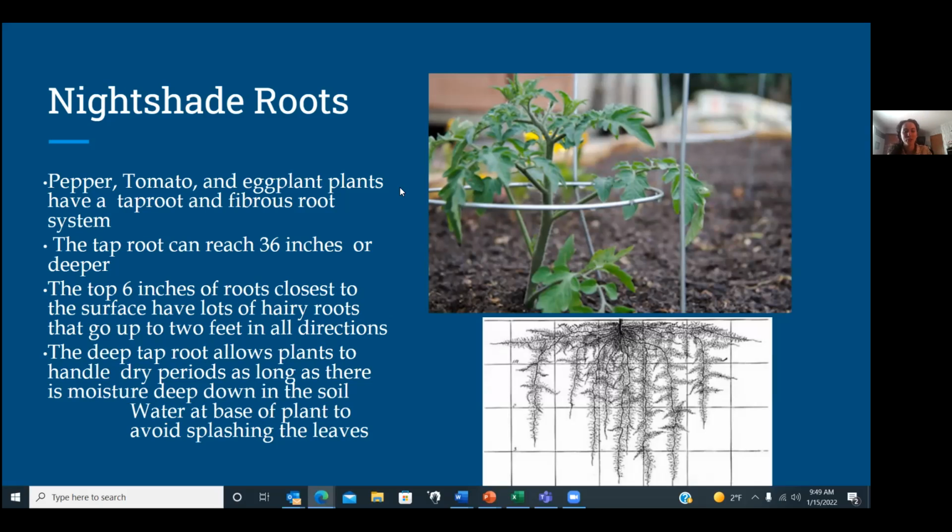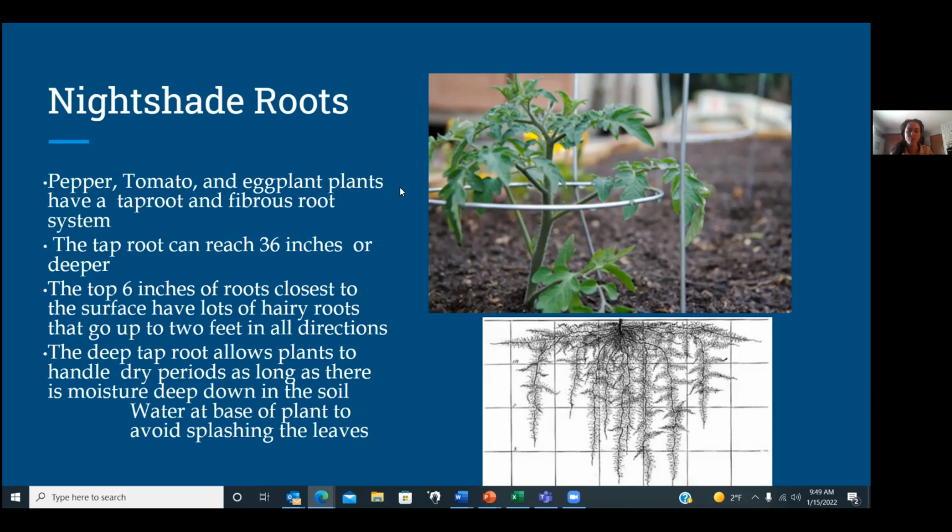The roots are very deep with the nightshade family, so they are able to handle longer periods of dry season. You do want to water these deeply as well, meaning you water them at the base for a little bit longer so that the roots really retain the moisture.